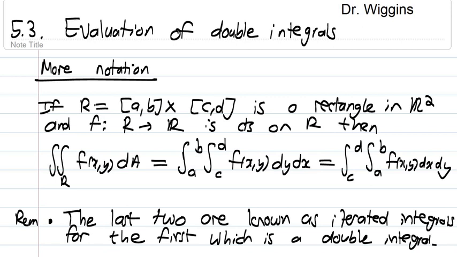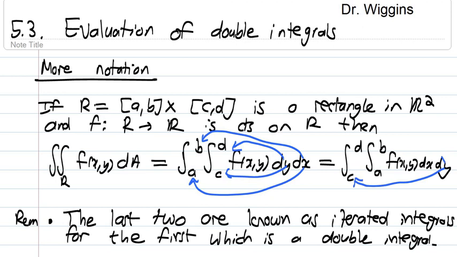Now you might ask, why these two different new notations? Well, the one in the middle, we are saying x is starting at a and ending at b, and y is starting at c and ending at d. Now if you look at the last one, we are saying y is starting at c and ending at d, and x is starting at a and ending at b.